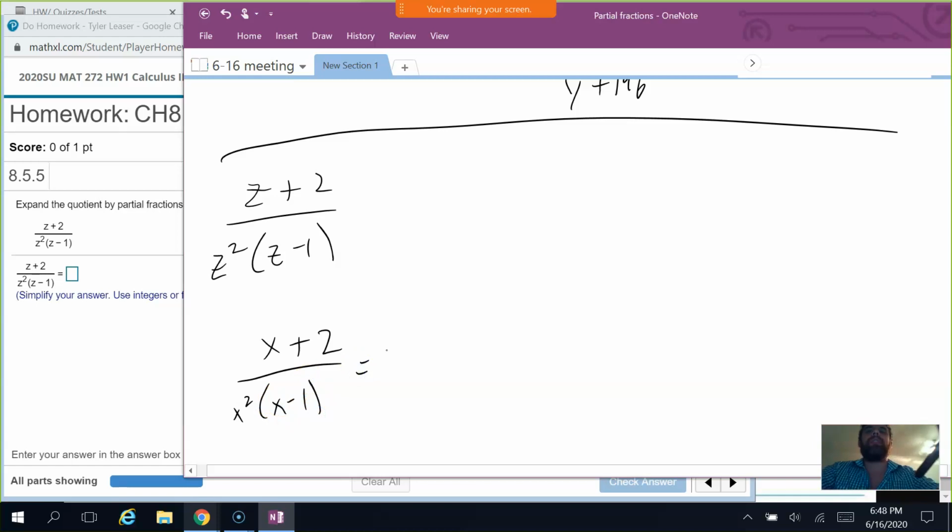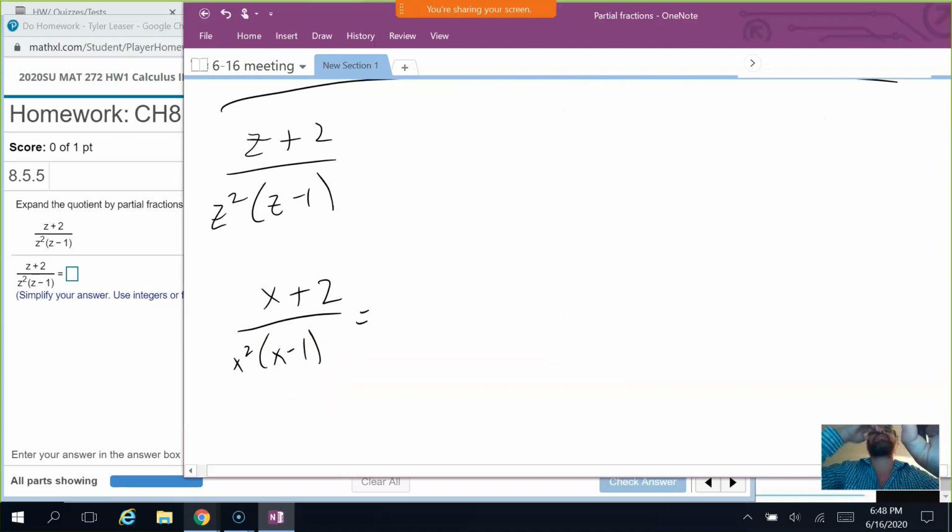Okay, so the partial fraction decomposition here, we do not have quadratic factors this time. Even this x here is a linear factor that's squared. So you want to think of this as being x minus 0 squared, and then we have x minus 1. Because we just have linear factors, each one of them is going to get its own fraction, but because this one is squared, it's going to get its own fraction for when it's squared, and it's going to get its own fraction for when it just has the power of 1.